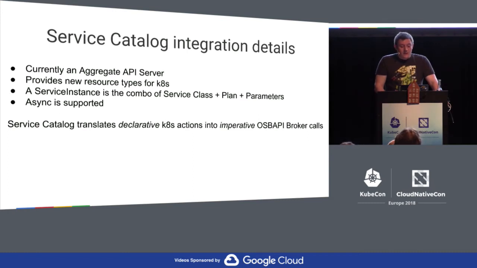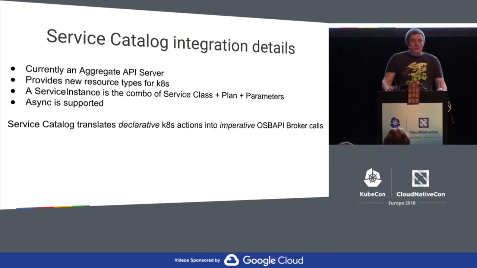So you get some new resource types, and then you can do things on those resource types that translate into OSB calls. And that's really all that service catalog does, is it maps the imperativeness of Kubernetes to the declarativeness of OSB API, which isn't an exact match for Kubernetes, but it kind of works.